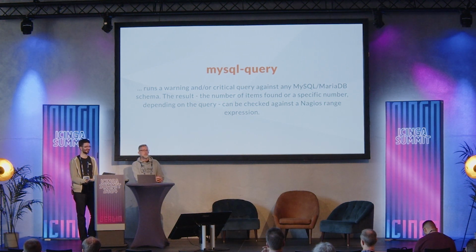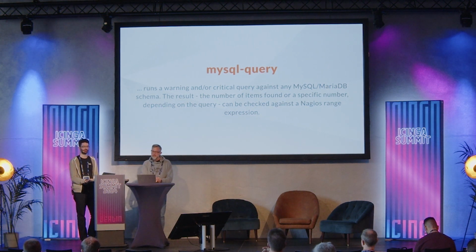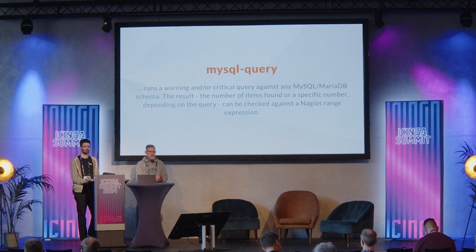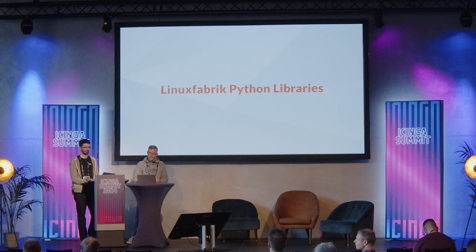When it comes to parameter parsing, connecting to databases, fetching data, returning results, states and perf data, we don't want to reinvent the wheel every time in every new check plugin. So let the Linuxfabrik libraries do the heavy work. The new plugin, like all others that we have, just gets arguments, fetches data, and analyzes it. That should be the goal.